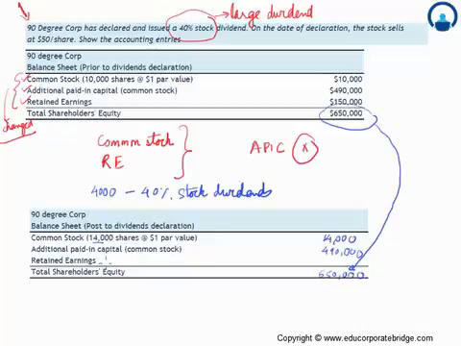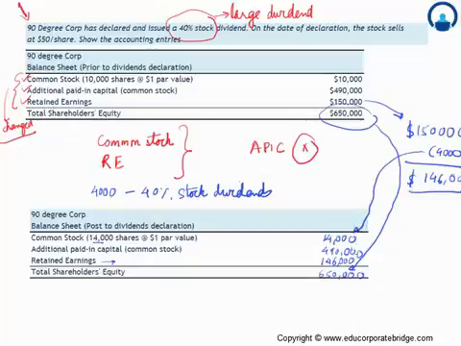If you visualize retained earnings as a plug figure, this number should be 146,000, which reduces 4,000 from the 150,000 of retained earnings. This 4,000 has been reduced because it is being added to the common stock, so the retained earnings provide an offset. The total shareholders' equity amount still remains the same. This is how large stock dividends can be treated in the shareholders' equity section.